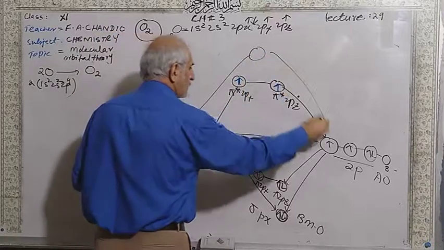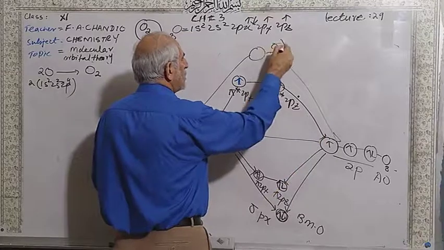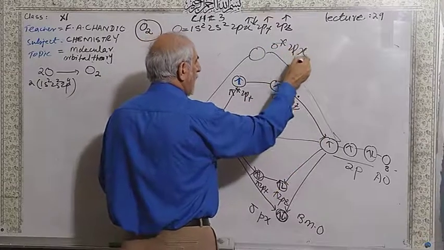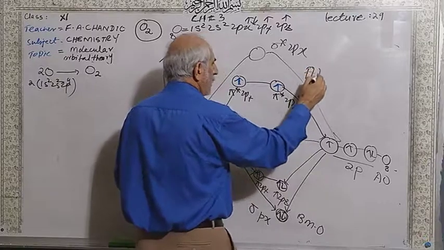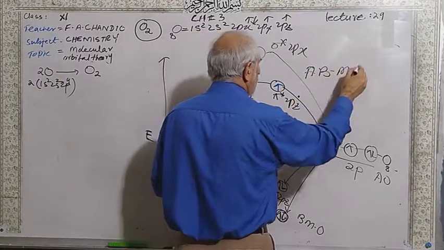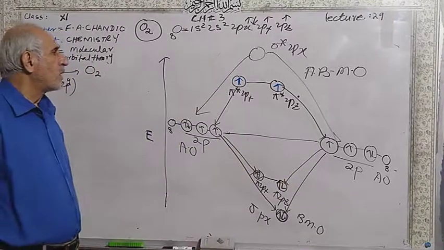And this is the sigma star 2px anti-bonding molecular orbital.